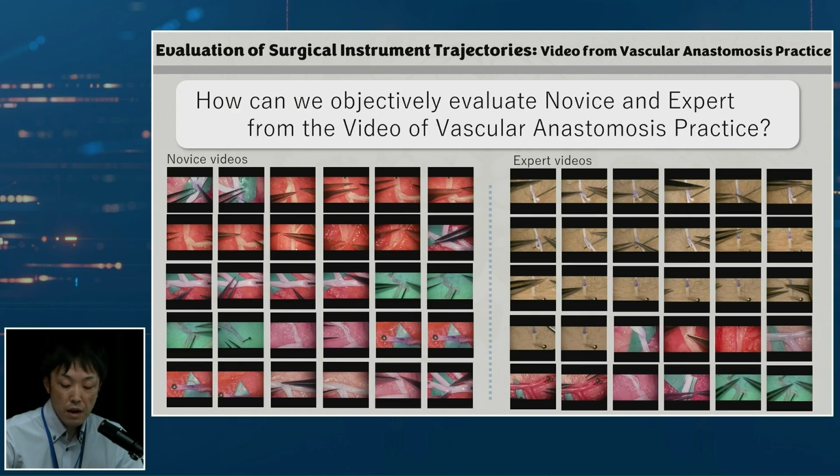Next, we will address the question of how to objectively evaluate the surgical movements of experts and novices using video of vascular anastomosis practice. The right side shows a video of experts, while the left side shows a video of novices.